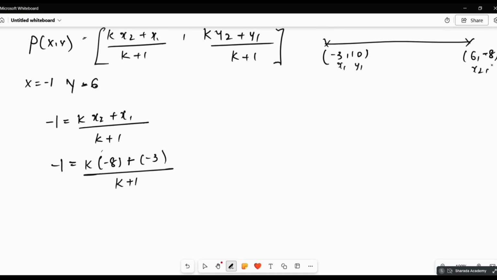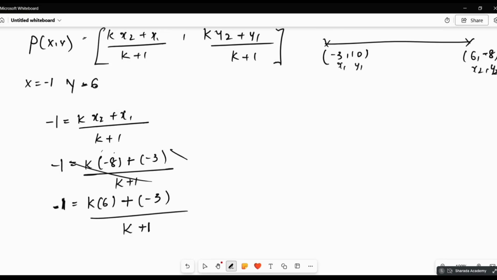X2 is 6, no? One minute. Right. So minus 1 is equal to K into X2 is 6 plus X1 is minus 3 divided by K plus 1.